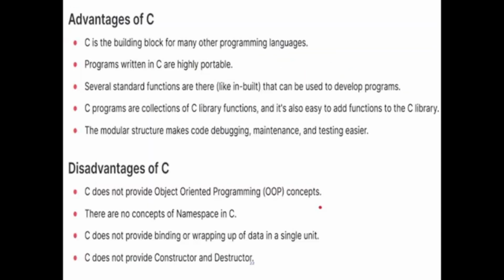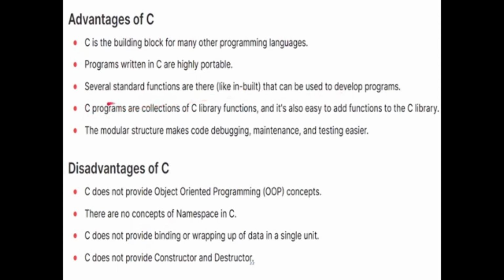You can check out the advantages and disadvantages of C. I will not talk about the disadvantages because you may feel bored, but the advantages are: C is the basic building block for many other programming languages, and programs written in C are highly portable. We use several standard built-in functions to develop programs.